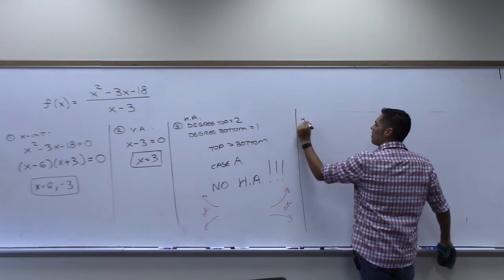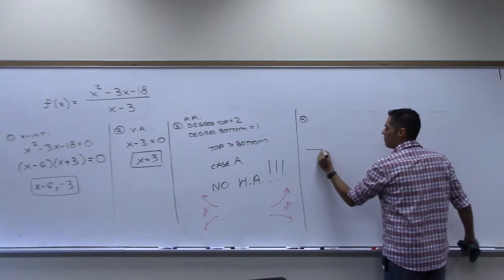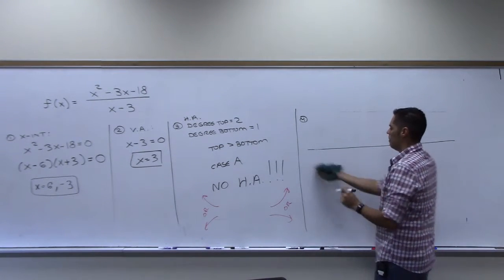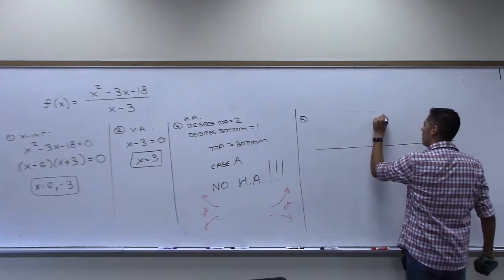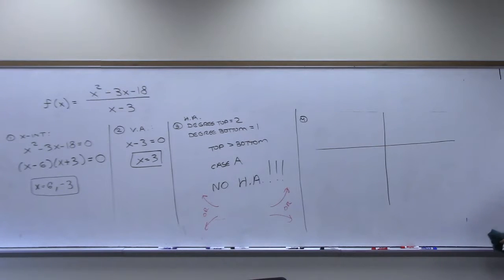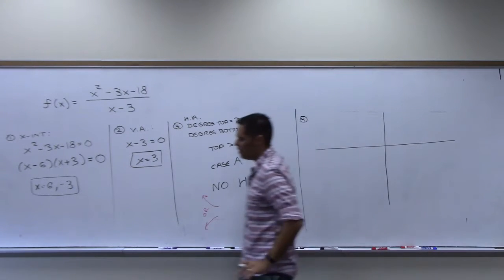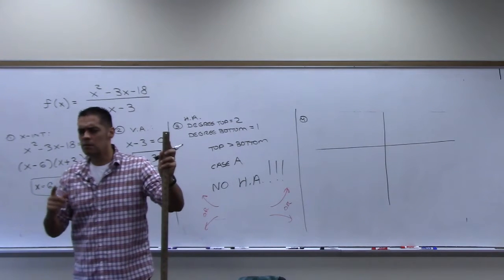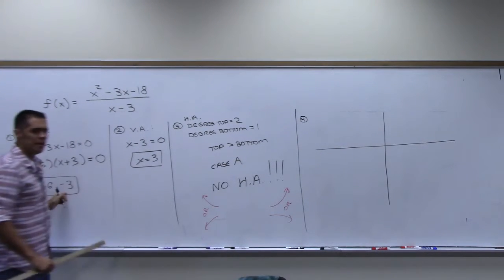Fourth step, picture time. Put my information here. So start with the first thing we got, 6 and negative 3. What are those going to be? X-intercepts, 6 and negative 3.